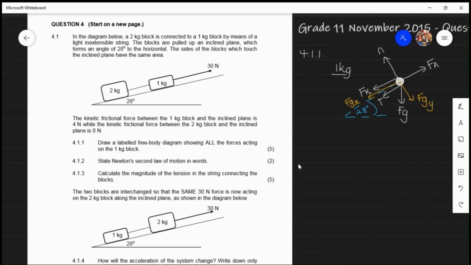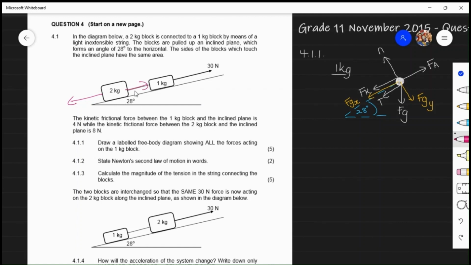In addition to the 3 forces that we've accounted for, we also have tensional force. Now, let us try and figure out in which direction is tensional force acting on the 2 kg block. Now, our rule that I've previously mentioned is tensional force acts along the string but away from the mass.